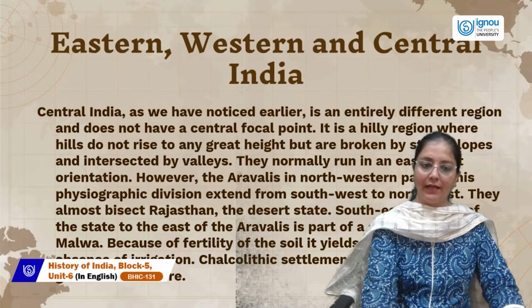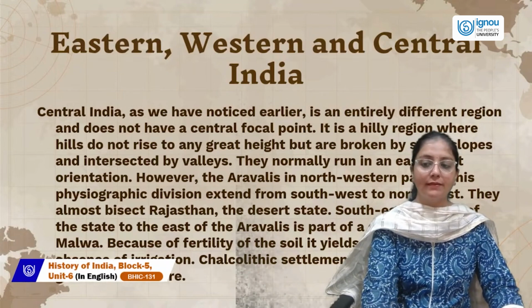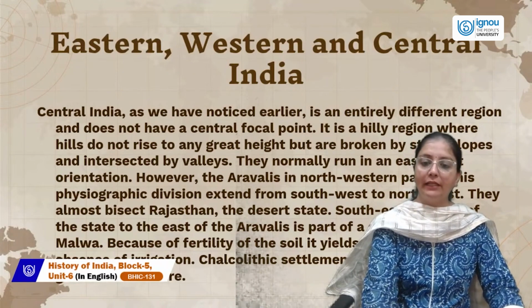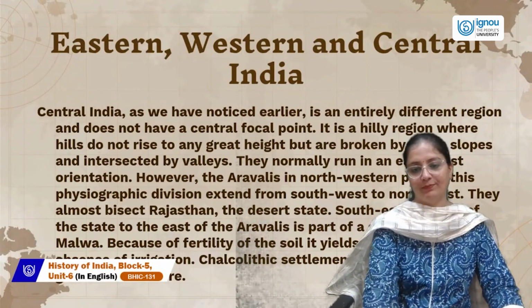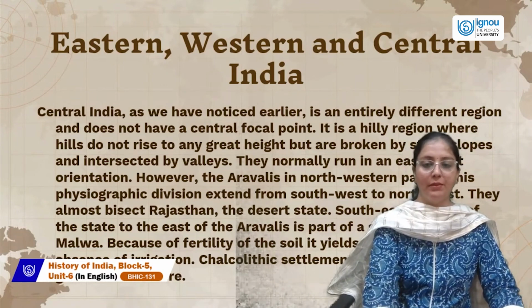The southeastern part of the state, to the east of the Aravallis, is a part of a sub-region called Malwa. Because of the fertility of the soil, it yields good crops even in the absence of irrigation. Chalcolithic settlements are distributed in good numbers here.